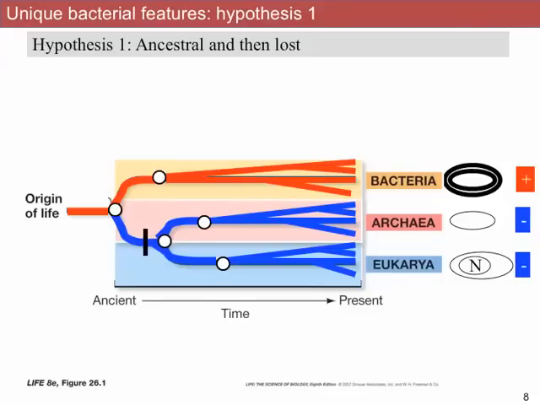The most recent common ancestor of the three domains of life had peptidoglycan, and then it was lost in the lineage leading up to the common ancestor of archaea and eukaryotes. A second possibility is that it was absent from the most recent common ancestor and gained in the lineage leading up to the common ancestor of all bacteria.